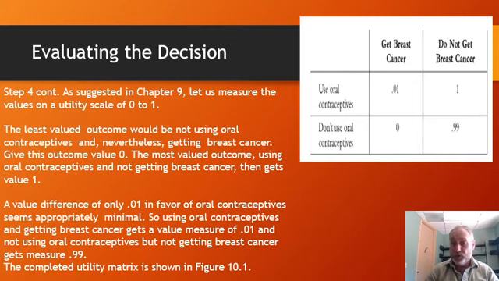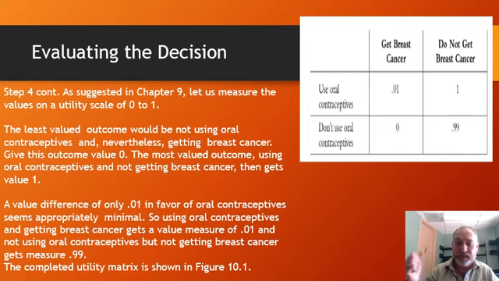You might get your first choice, which is to use oral contraceptives and not get breast cancer, or if you lose the lottery, you'll get the worst outcome, which is not to get to use the oral contraceptives and get breast cancer. And the way the lottery is going to work is you have a 1% chance, sorry, not 0.01%, a 1% chance of getting the best outcome.